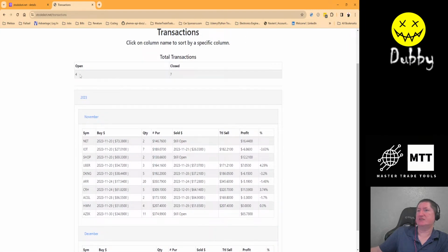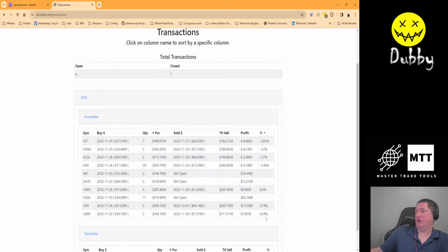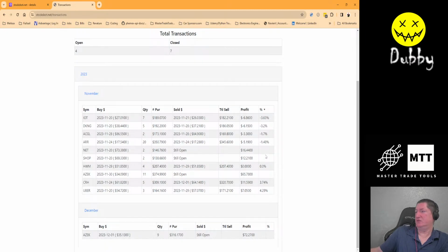Looking at all of our transactions, we have purchased a total of 11 for our non-day trade account. We've closed out 7 of those, and 4 of them are still open.